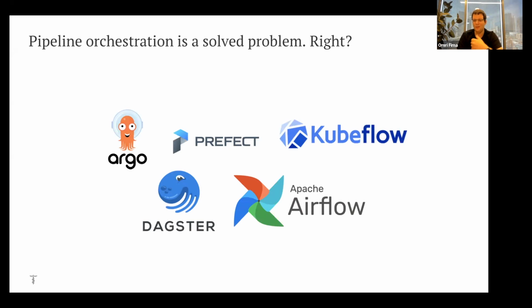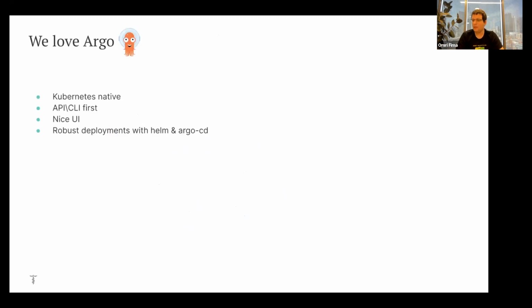You just need to choose the tool that makes most sense to you, start to work with it. Most of them have great documentation, great examples out there, and you start implementing your code as a pipeline and start running. And we specifically chose Argo. We love Argo. One of the reasons that we chose it is because it's Kubernetes native, it's API and CLI first, which is amazing for us as engineers.